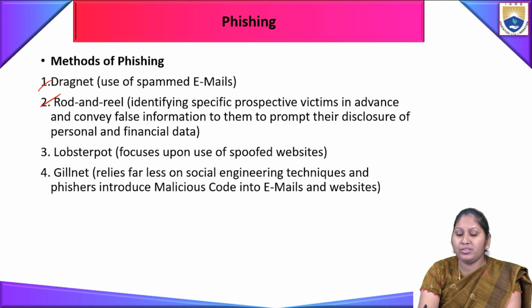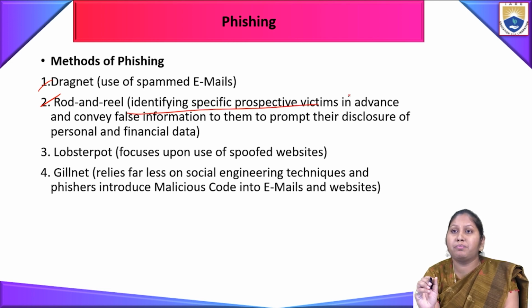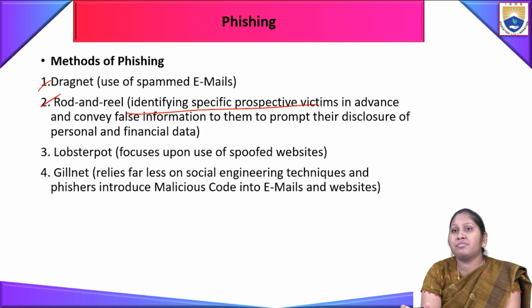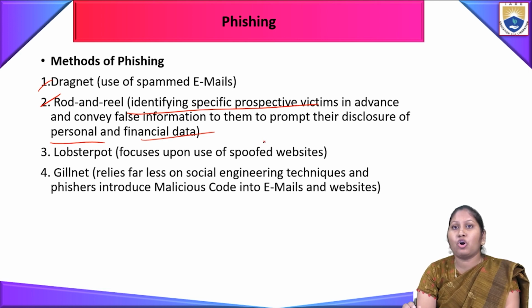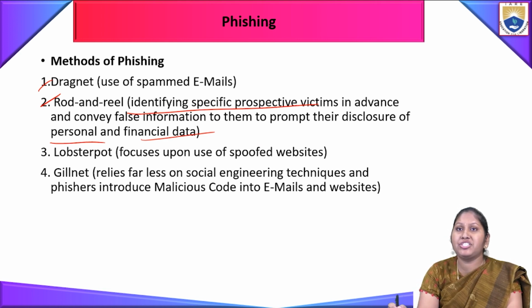At first, they collect some information about the victims and convey false information, like you have not given the correct information, you have to fill in the details again and again. Like that, they make the user believe they have given false information, and they try to extract personal and financial data. So this is the rod and reel method in phishing attacks.